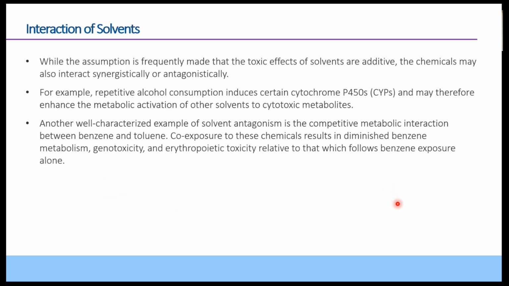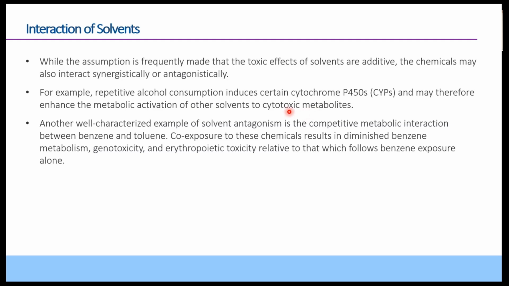Then coming on to the interaction of solvents. While the assumption is frequently made that the toxic effects of solvents are additive, the chemicals may also interact synergistically or antagonistically. For example, repetitive alcohol consumption induces certain cytochrome P450s, and they may therefore enhance the metabolic activation of other solvents through cytotoxic metabolites.